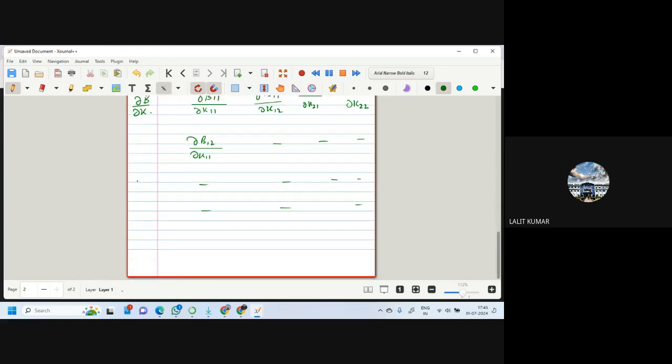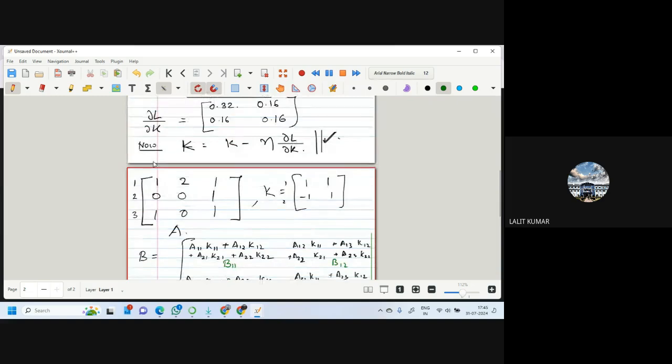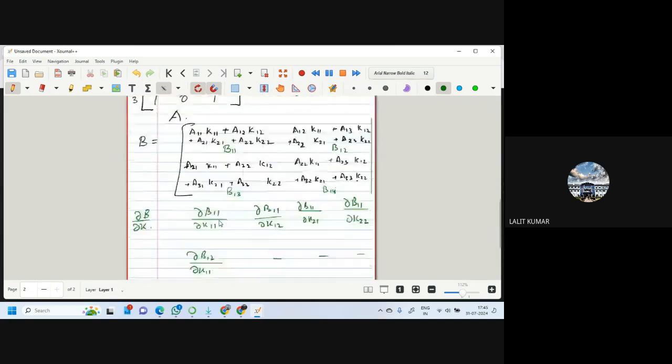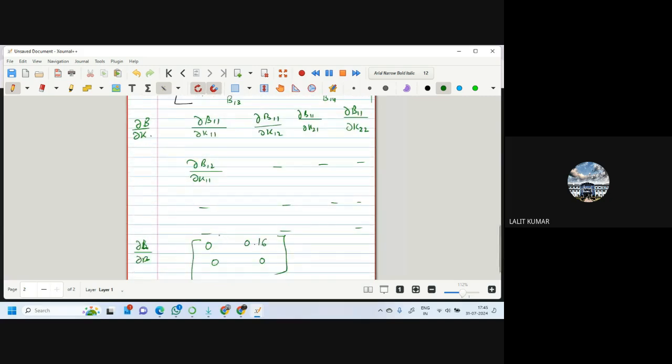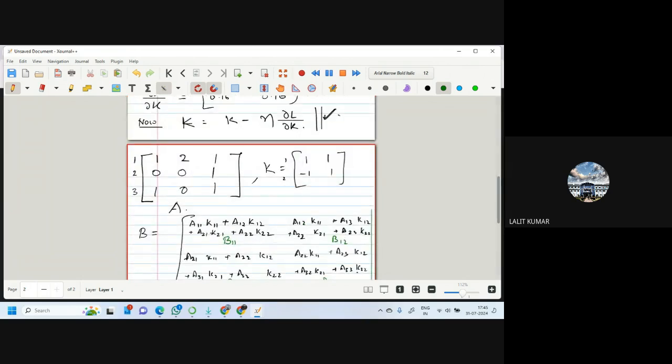Now, if you have got, for example, del L by del B, you got 4 numbers. Like in our example, we had got 0.16, 0, 0. Now, how did we get that, this convolution? I said that for a stride equal to 1, directly you can do the convolution of A by this filter. Because when you do del B11 by K11, you get A11, here you get A12, here you get A21, here you get A22, because these were the 4 elements which are contributing to B11.